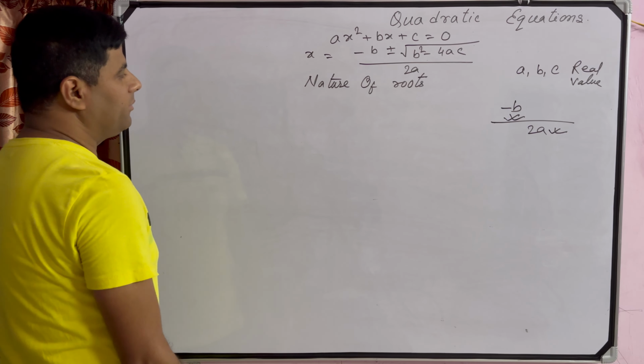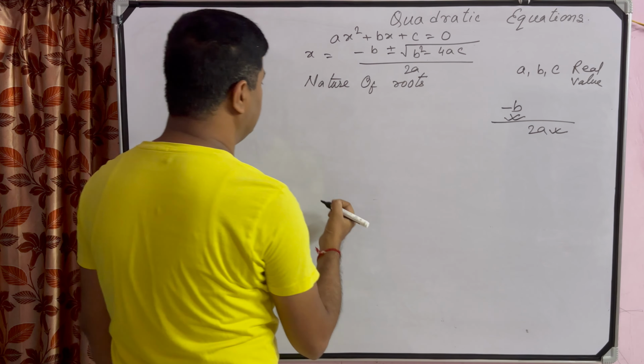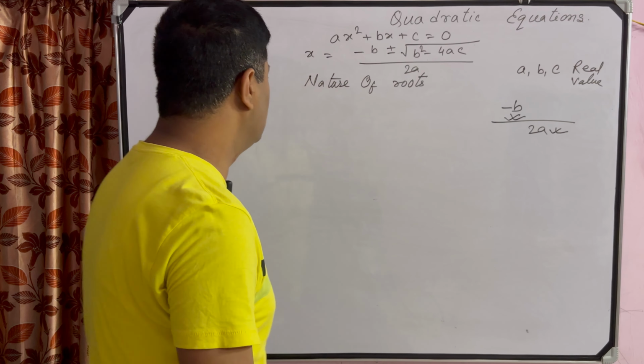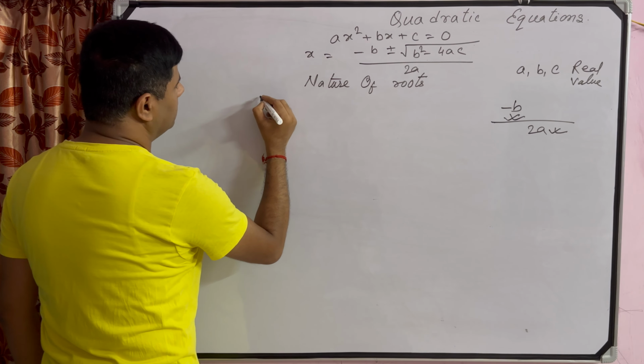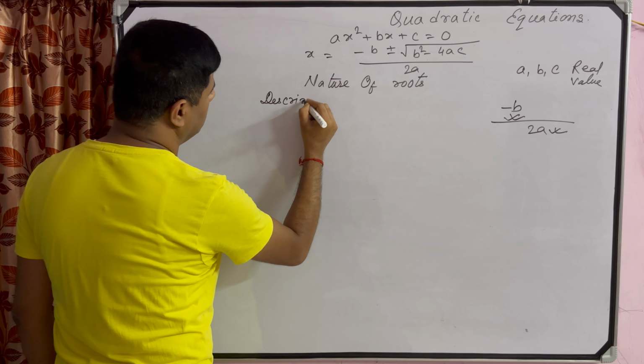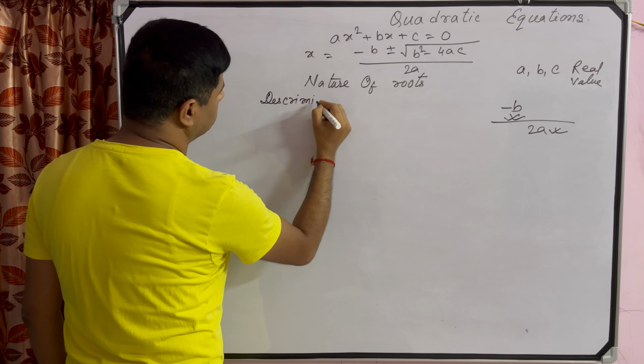Let's talk about the problems. The three scenarios I'm going to talk about depend on b square minus 4ac. Because all the scenarios depend on b square minus 4ac, we call it the discriminant, denoted by capital D, and this is b square minus 4ac, correct?